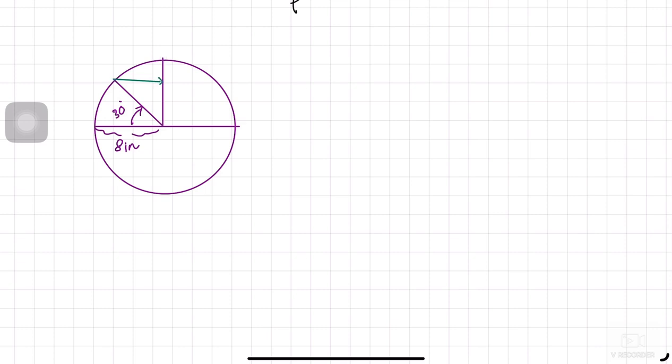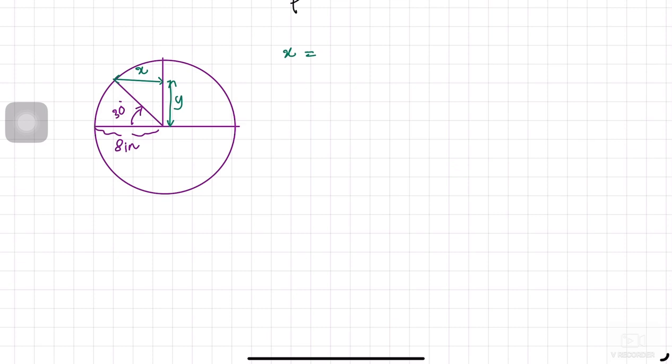The hypotenuse is still the radius, so we'll find this from the ratio, and let's name these x and y.